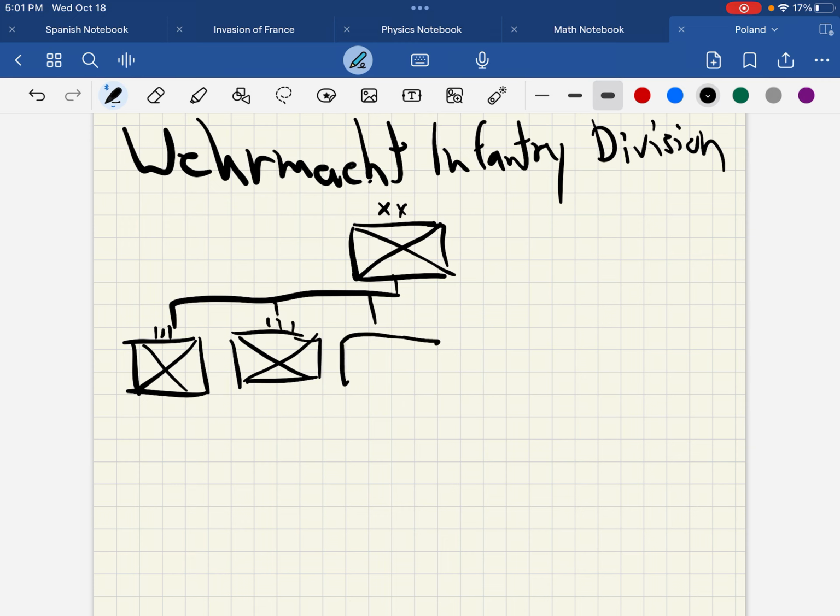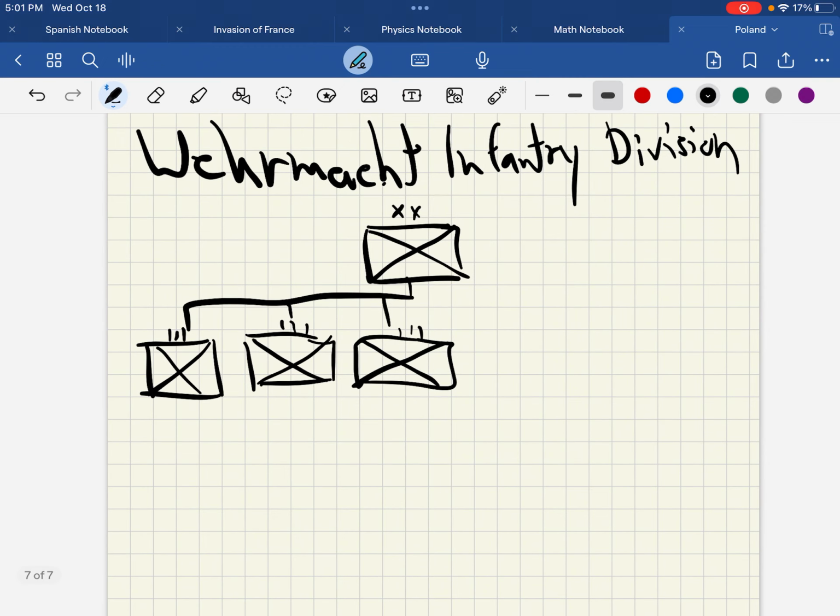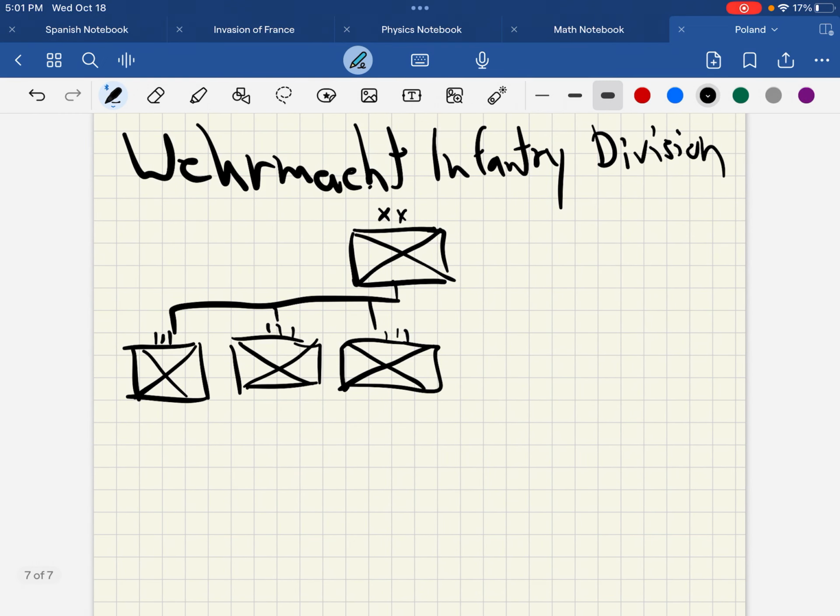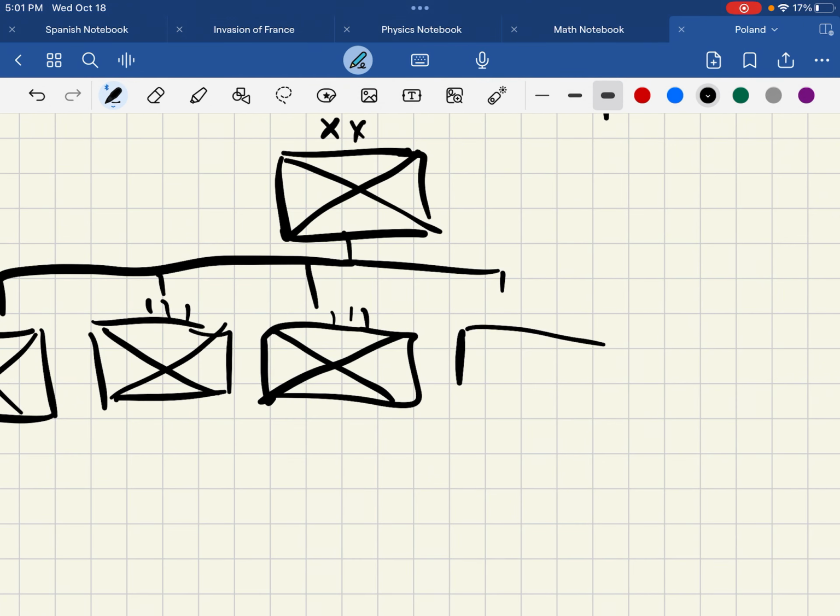What we call a division with 3 regiments is a triangle division, as opposed to a square division, where we have 4 regiments split into 2 brigades, which a lot of other armies still had at this point. So the German army made their infantry divisions have 3 infantry regiments and also 1 artillery regiment.